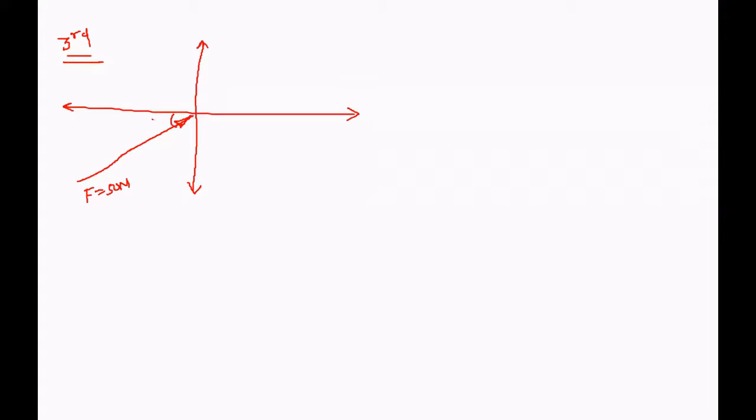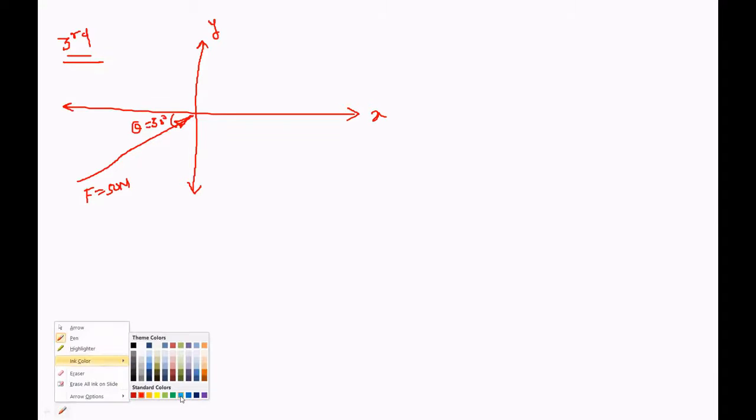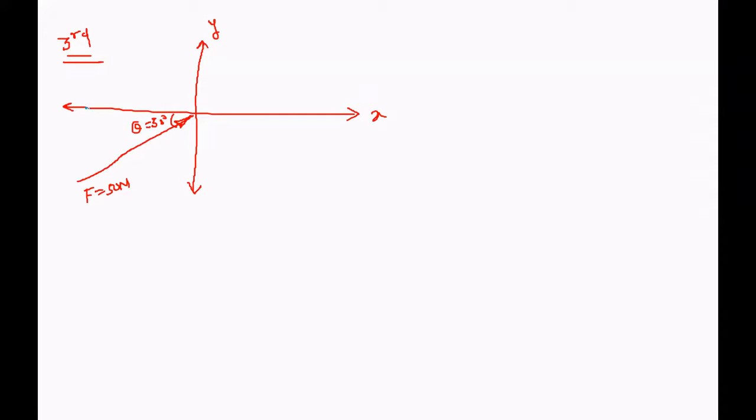This angle is 30 degree, that is theta. This is the x-axis, this is your y-axis. So when we resolve the force, you can show the components here directly. So I will show the first component, Fx. This will be your y component. So this is Fy.